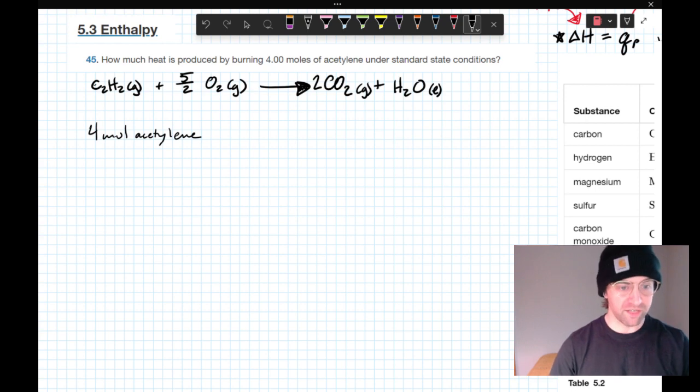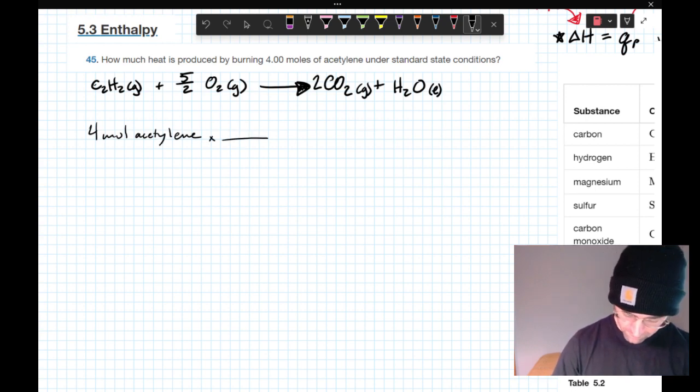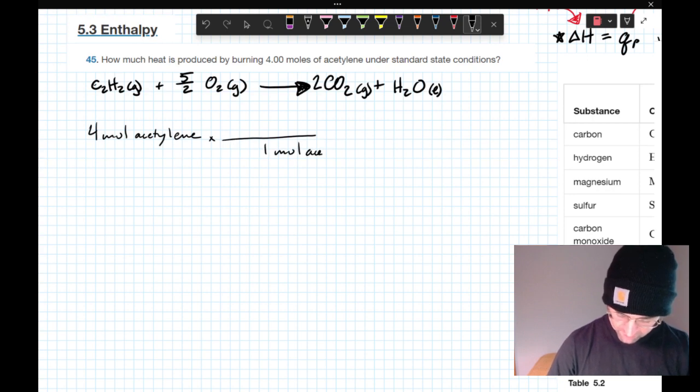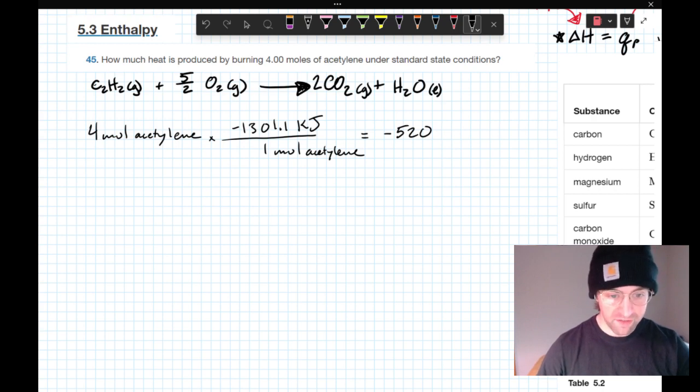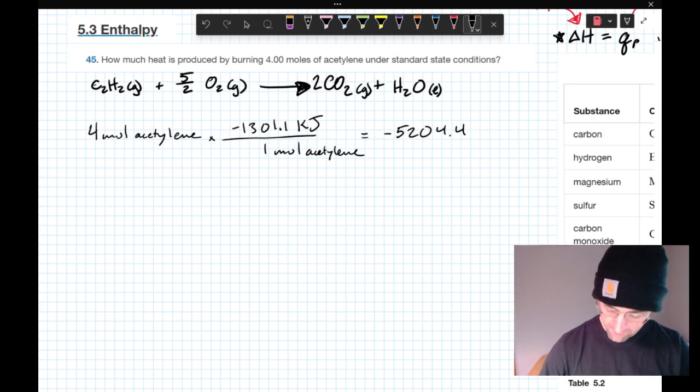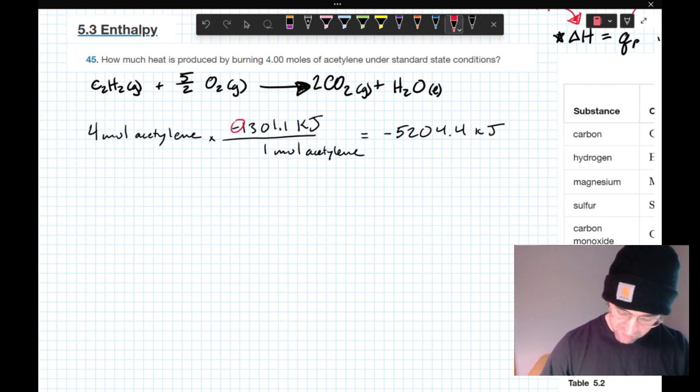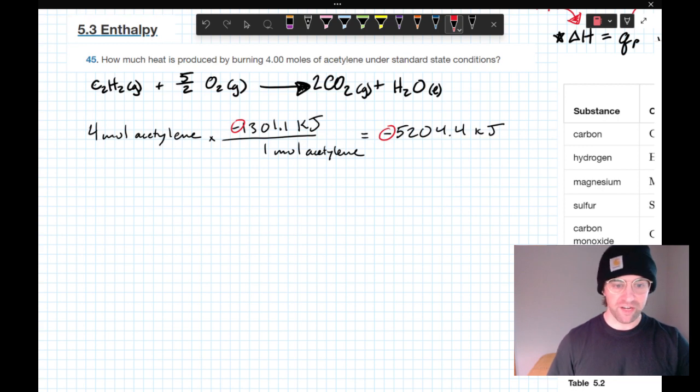We're given 4 moles of acetylene, and per mole of acetylene, our tabulated value produces 1,301.1 kilojoules, which equals negative 5,204.4 kilojoules. This negative sign is important because through combustion, energy is being released.